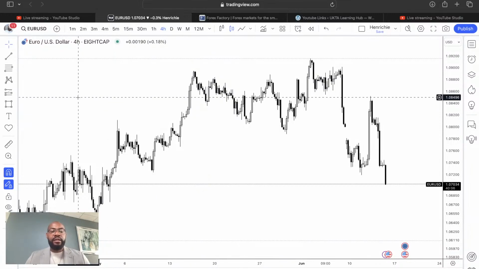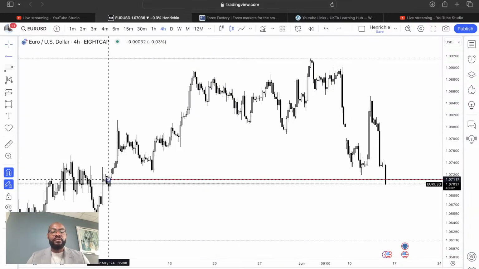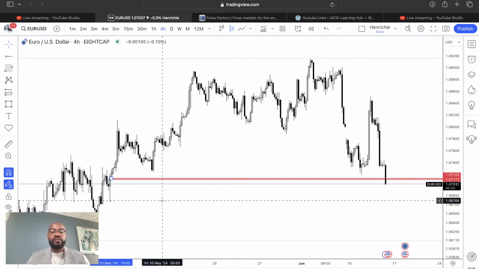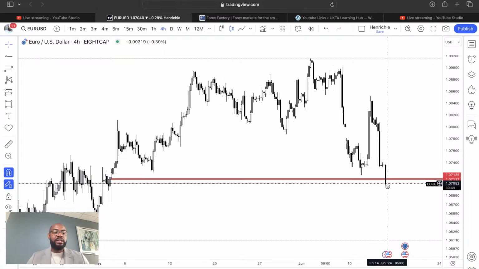If you look at right here, we can see we have an inefficiency here. You can see how that acted as a draw on liquidity, attracted price to the downside. We smashed through the liquidity, we smashed through the fair value gap.